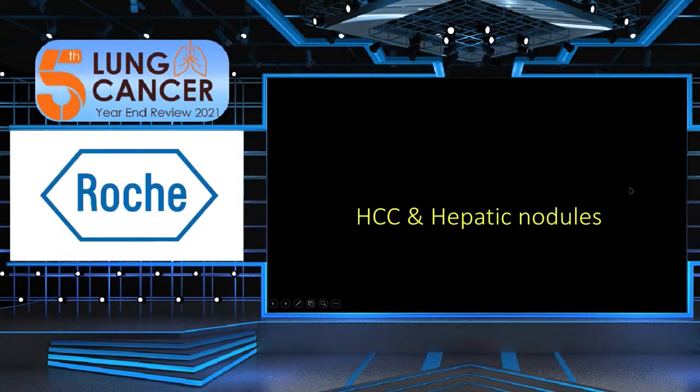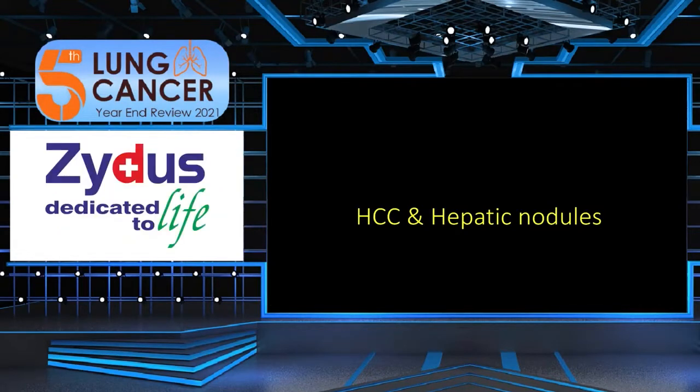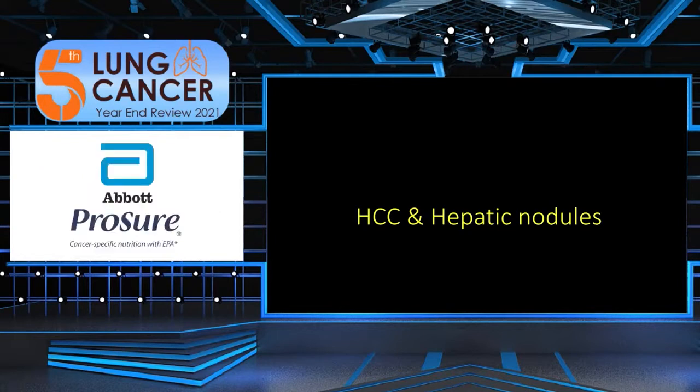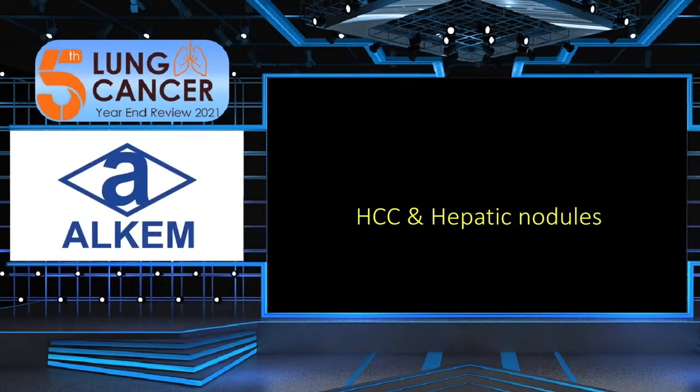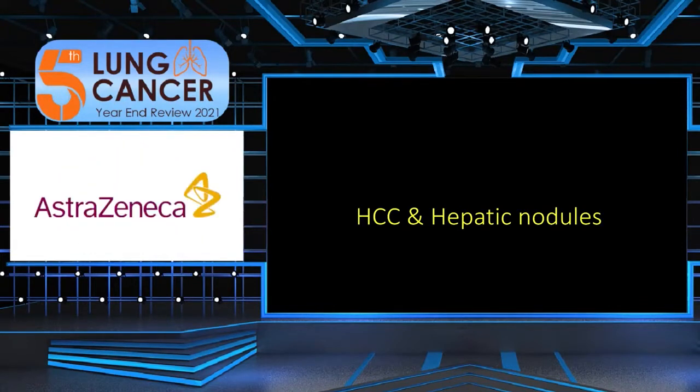In the case of hepatocellular carcinoma and hepatic nodules, FDG PET was used desperately, but it was never accepted because the uptake of FDG was inversely proportional to the differentiation. So a well differentiated tumor would hardly show any uptake in the HCC.